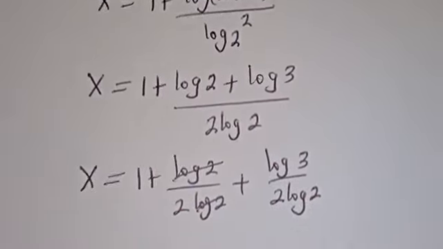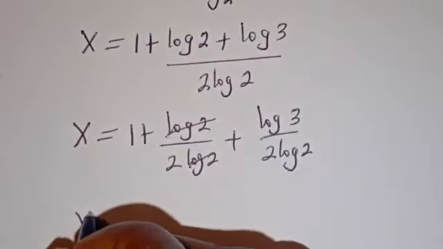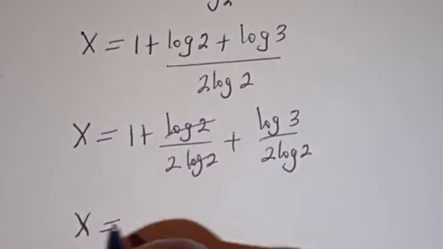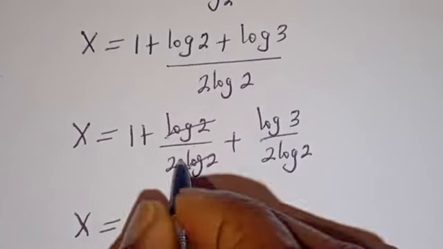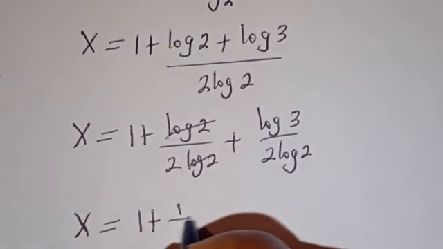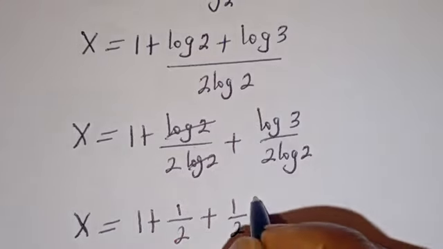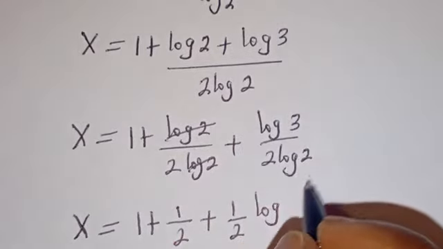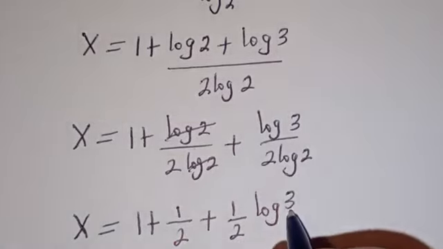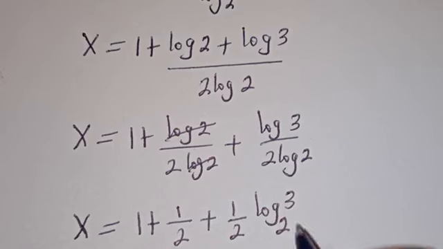This will cancel this. x is equal to 1 plus 1 divided by 2 plus 1 divided by 2 log 3 base 2.